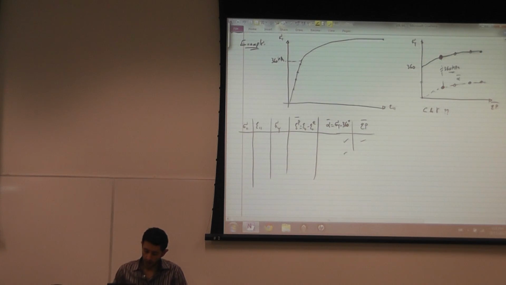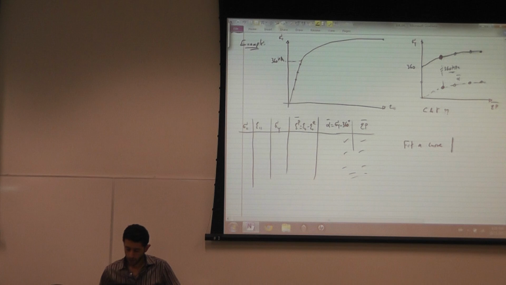And so I have this data, and I can fit a curve with whatever tool you want.